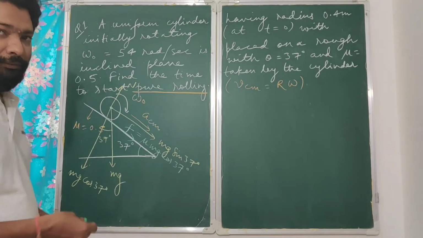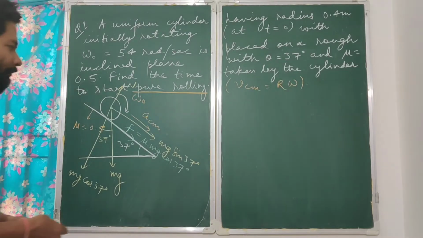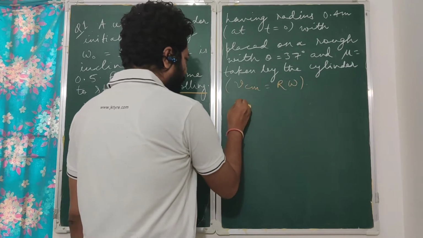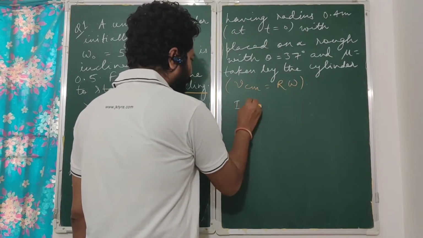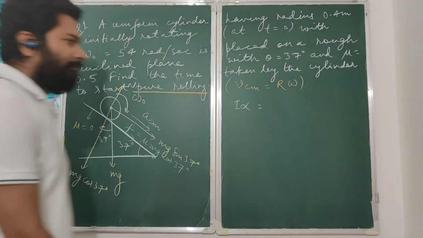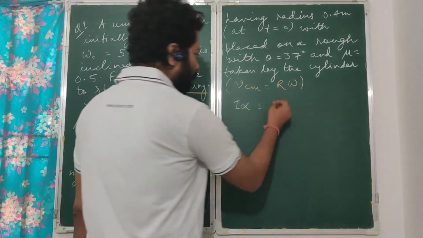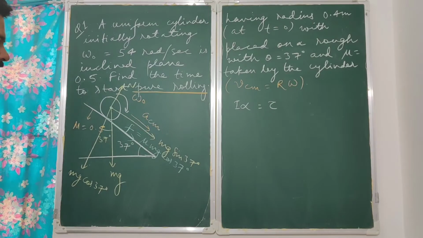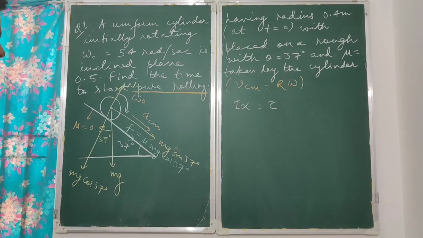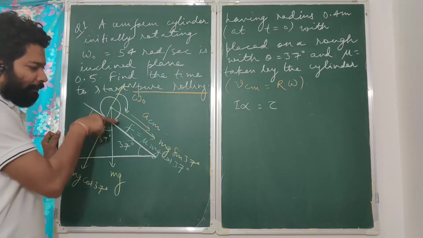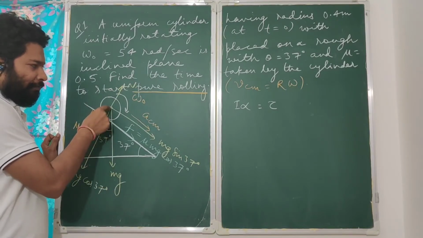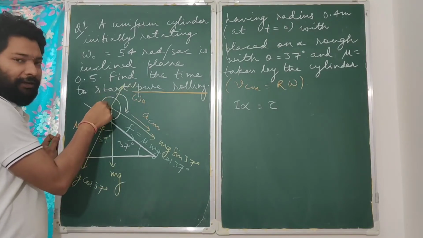Now let us try to determine that. We can write moment of inertia into alpha, and that will be equal to the torque. Who will produce torque here? If you see, mg is passing through the center of mass, and the normal reaction is passing through the center of mass.